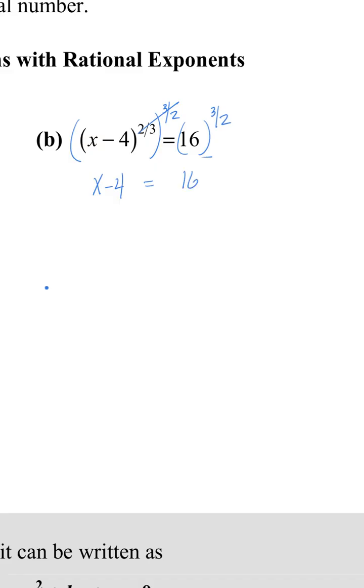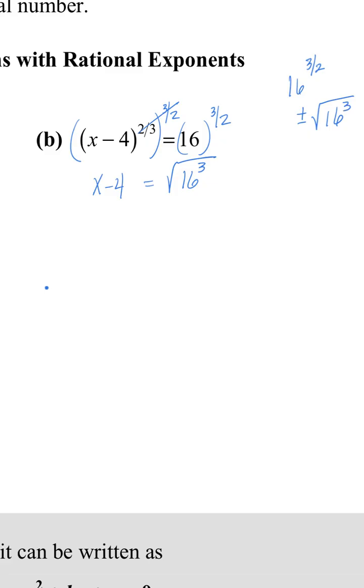This means 16 cubed, and we're going to take the square root. So you're going to say plus or minus the square root of 16 cubed, because when you do square roots, it's always plus or minus.